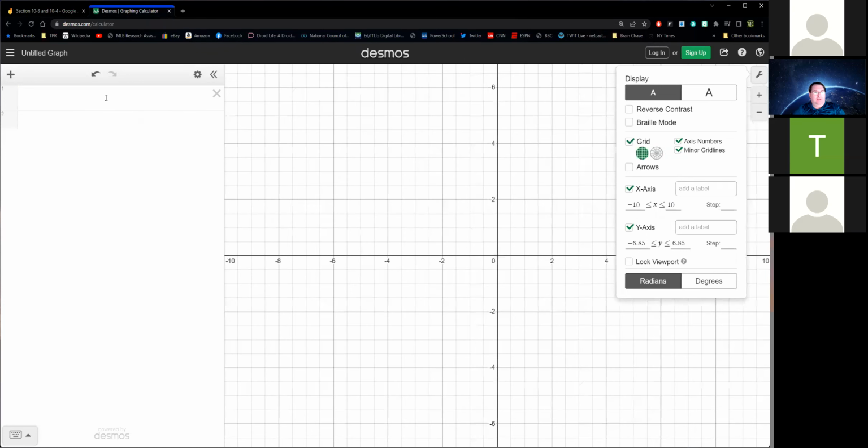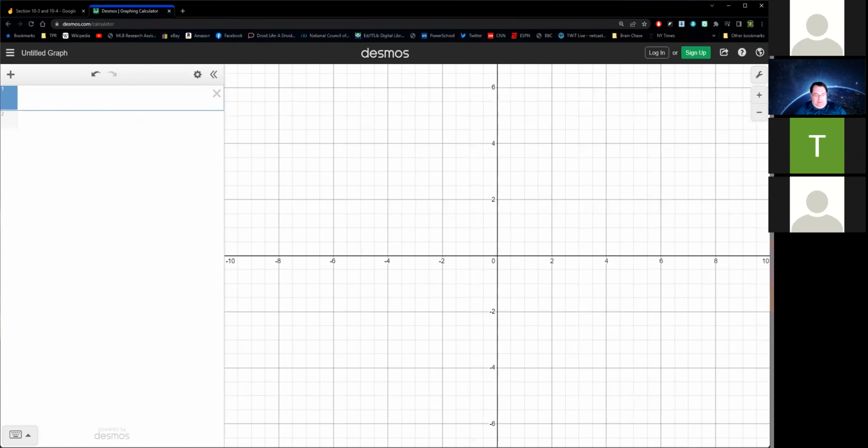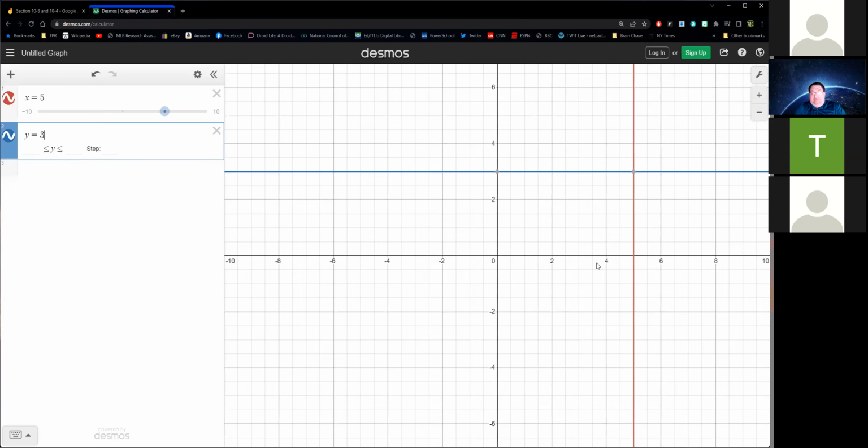Go back to my graph. If I did x equals 5, I get a straight line, correct? If I did y equals 3, I also get a straight line. In essence, these are just the points assuming that the other one is 0.